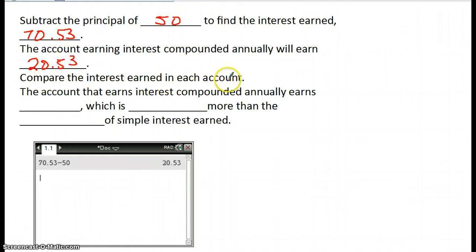Compare the interest earned in each account, the amount. So, let's see. No, I think what the author was wanting us to do here is let's do this completely different, because I really believe this is what I want to see here.